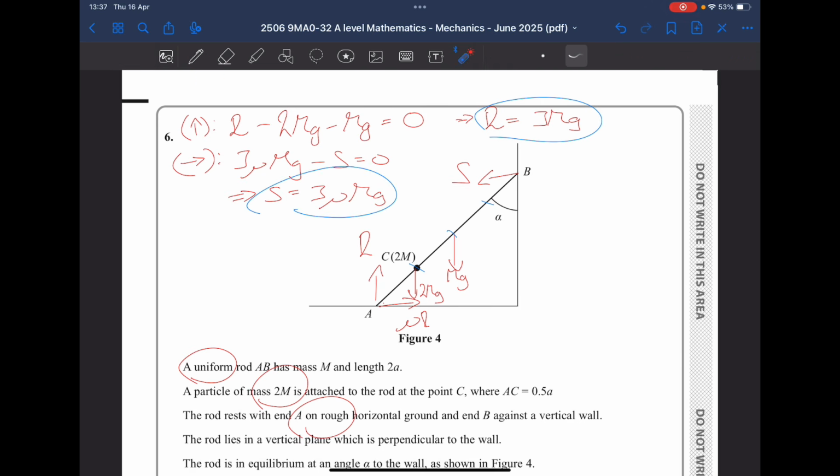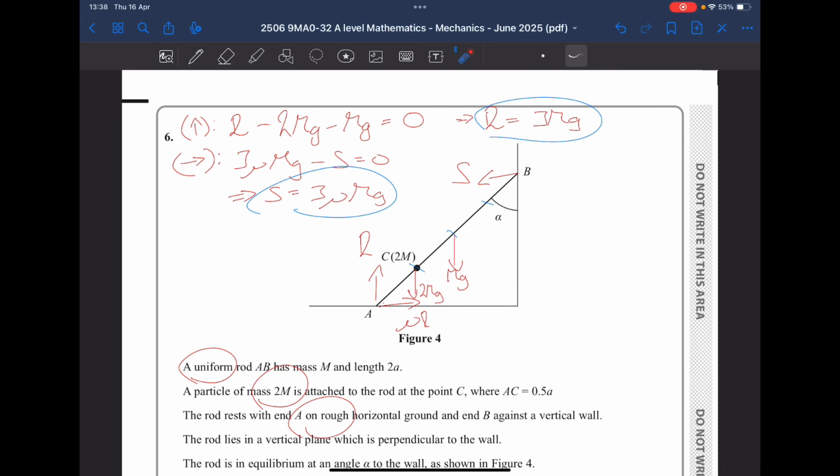And then the other thing I can do is take moments. If we look at it, A has two forces coming out of it. So if we use A as the pivot point, these forces will not exist in that equation, only remaining with the other three. Out of those three, there's only one thing we don't know, I suppose the distance away.